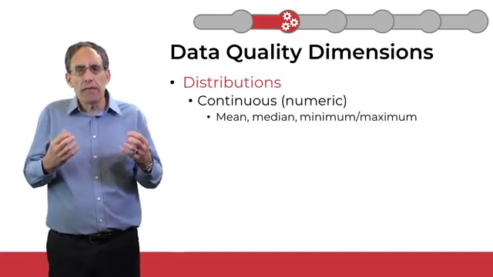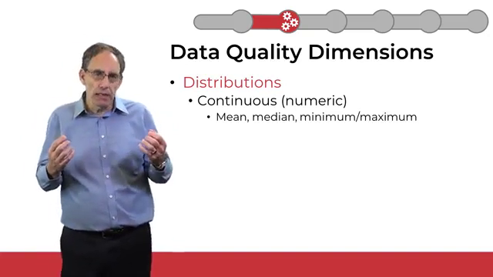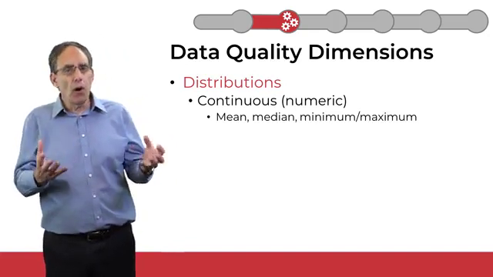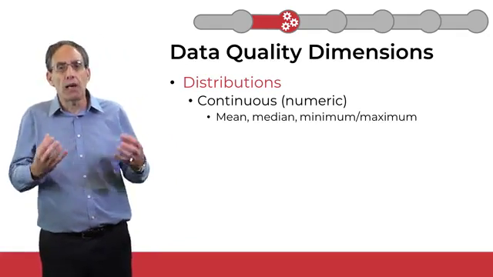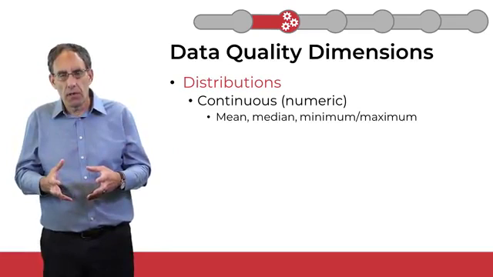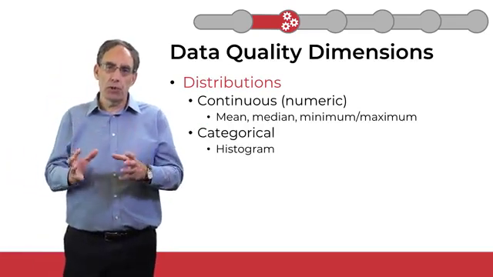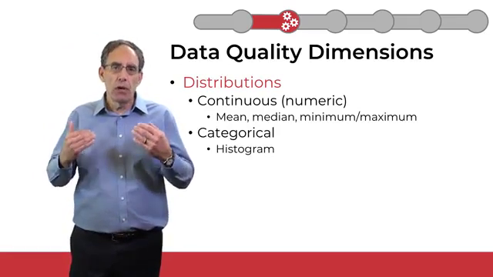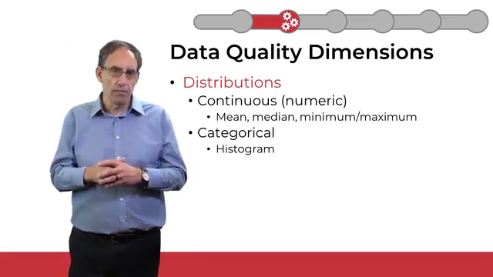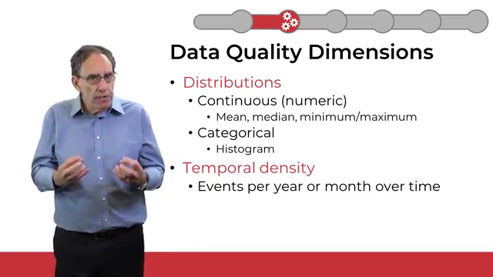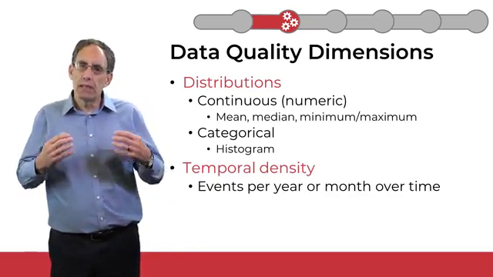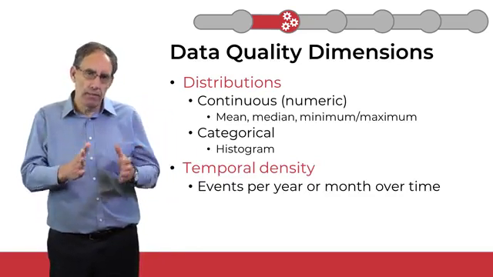While median is available in some SQL syntaxes, it is not available in all SQL variants, so we will not use it in our examples. To assess discrete categorical data distributions, we will use simple value-based histograms. For temporal density, we will use simple annual rates.